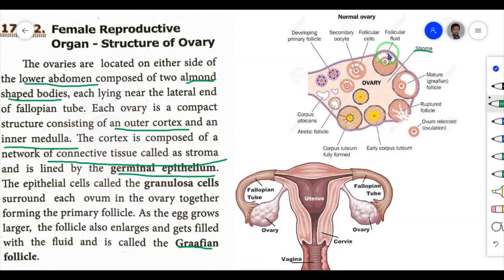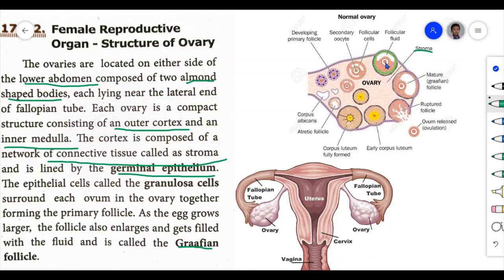The follicle also enlarges and gets filled with the fluid. In this area, the fluid is filled. So that fluid is known as what? Graafian follicle. The fluid is called Graafian follicle. So this is a mature Graafian follicle.